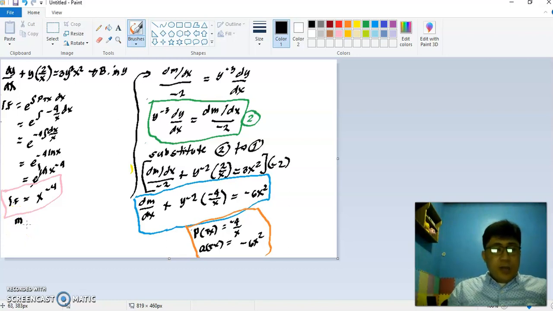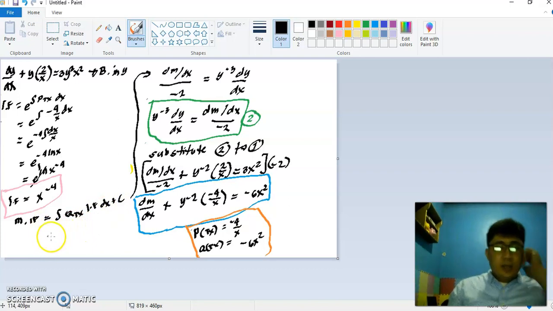So m times the integrating factor is equivalent to the integral of Q times the integrating factor dx plus c. That is the general solution.